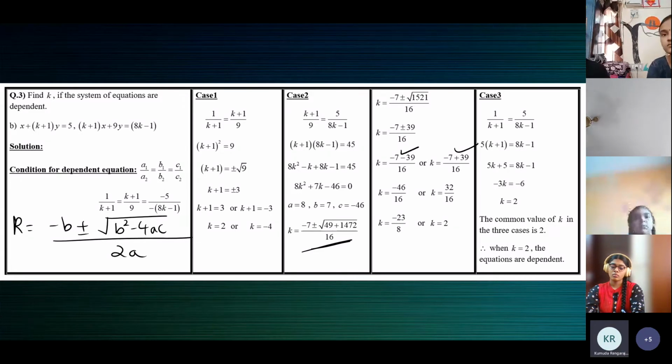Am I clear, children? Don't spend a long time doing all this, because you just need to have two cases and the common solution is the answer. Why do you want to spend time using the quadratic formula, finding the two values of k and all that? If you feel it's a quadratic equation and it's going to be time consuming, just leave it like that and try case 3.